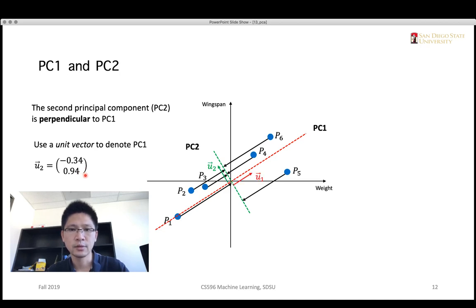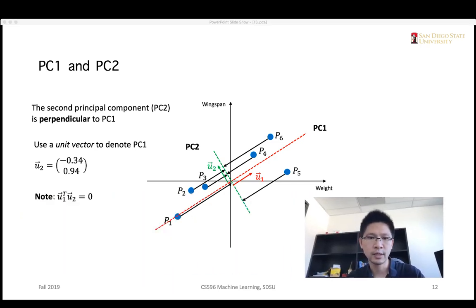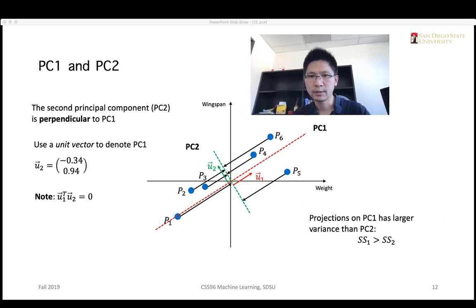These PC1 and PC2 are orthogonal to each other, which means U1 and U2 are perpendicular to each other. So we can write this as a dot product: the dot product, or inner product, between the two vectors U1 and U2 is 0. And we should notice that because PC1 is the first dimension that we choose, the total variance, or total sum of squares, along PC1 is much bigger than along PC2.